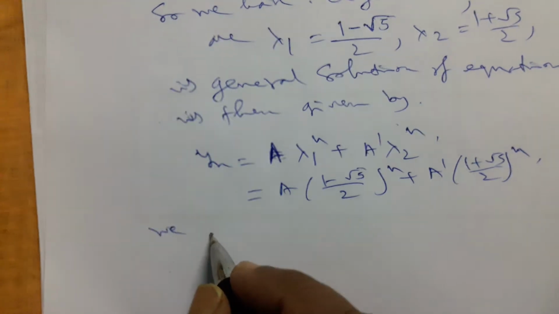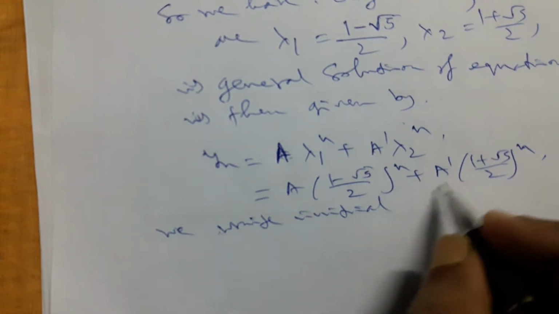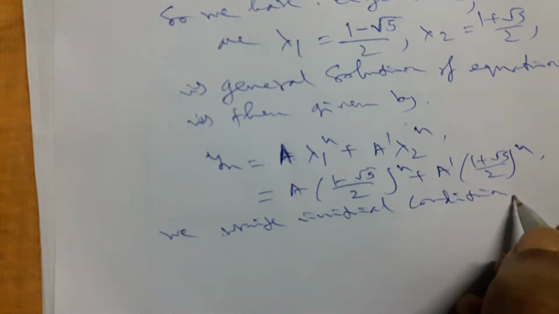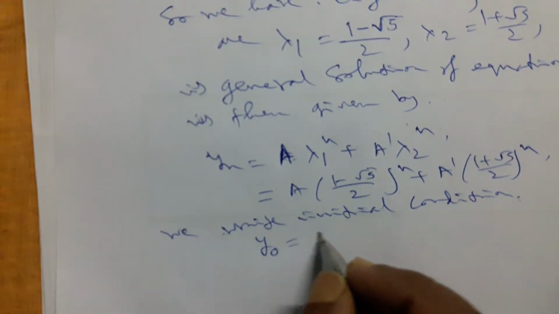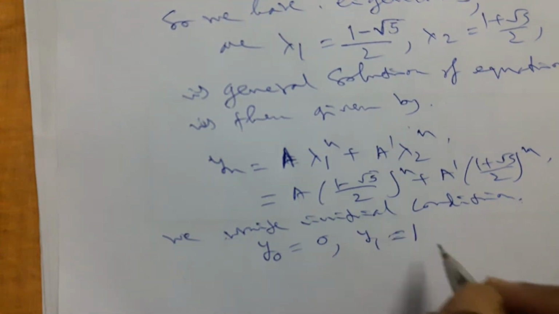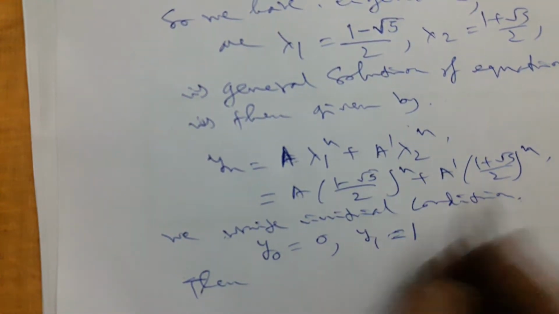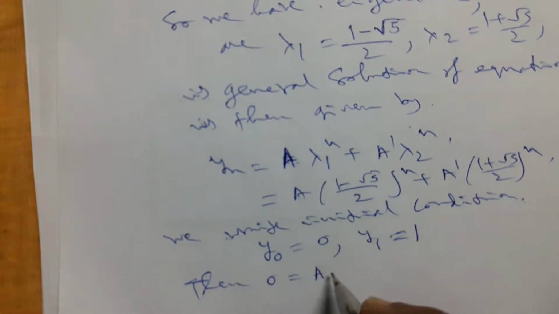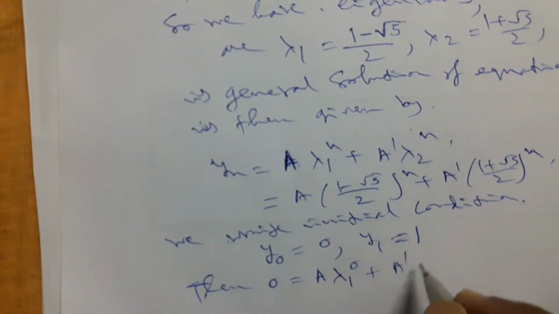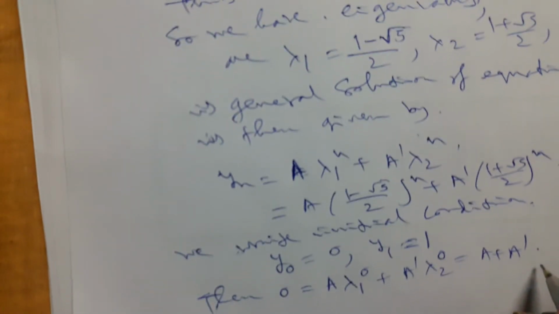We start here with the initial conditions: y0 equals 0 and y1 equals 1. Putting y0, we get 0 equals a lambda 1^0 plus a' lambda 2^0, that is a plus a'.